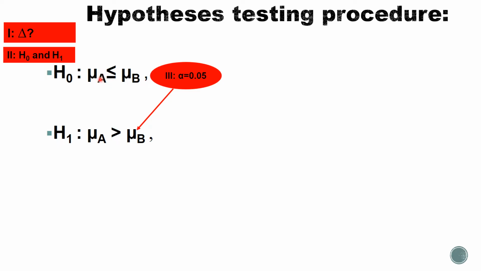You could have said maybe the new treatment is B, but in this case I have made the new treatment to be labeled A. So if we are saying that in the actual population, the mean hours of sleep after taking treatment A is not different from, in other words, it's less than or equal to the mean hours of sleep of people taking treatment B, or in other words, the standard treatment.